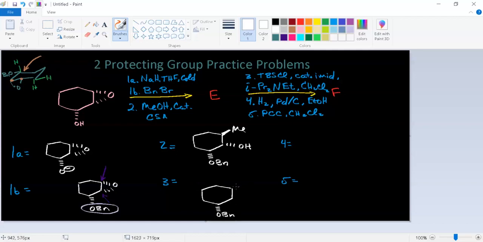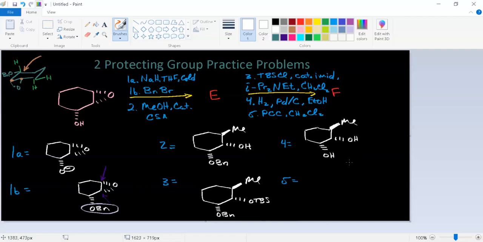Protecting this alcohol, OTBS, just like that. Now, when we introduce hydrogen with palladium on carbon, as we mentioned in step 1b, it will reduce that OBn group back to its alcohol.